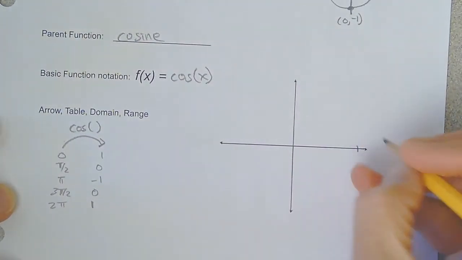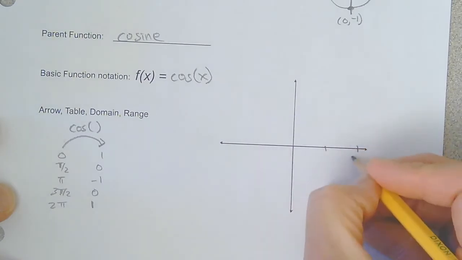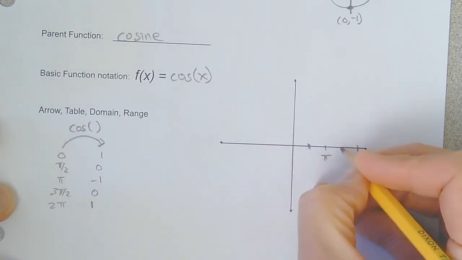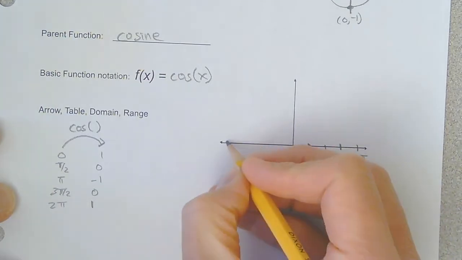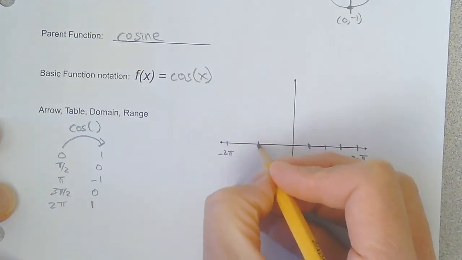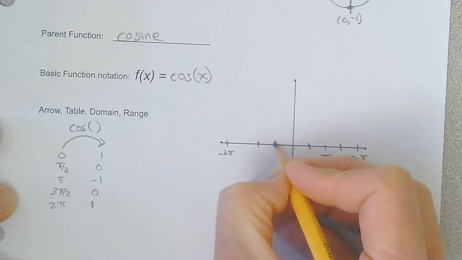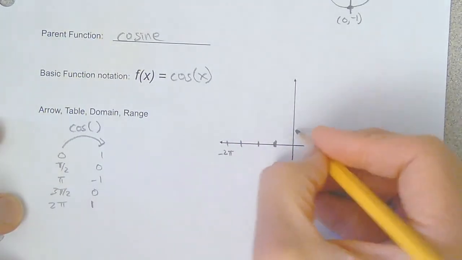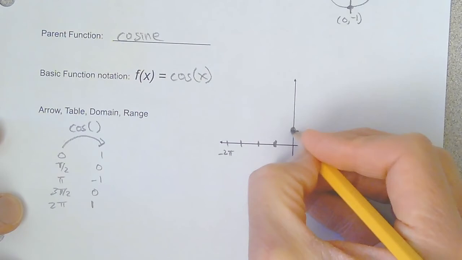If I'm marking these points then, here's my 2 pi and my pi, and there's my pi over 2 and my 3 pi over 2. I'll go ahead and throw the -2 pi in here, negative pi over 2, and -3 pi over 2. And we have a point at 0, 1.